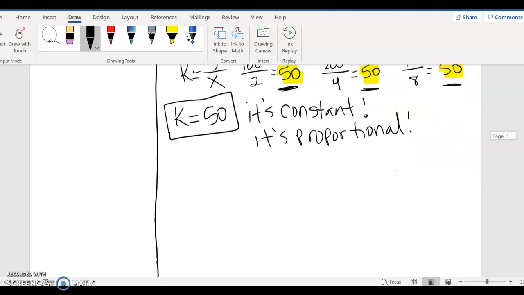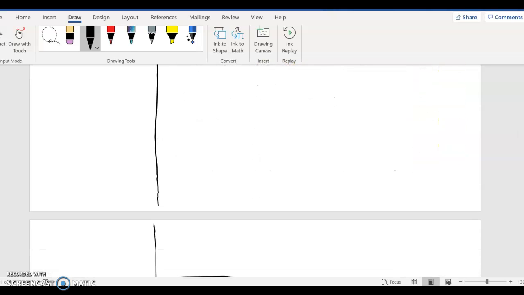So now we want to talk about finding constant of proportionality on a graph.